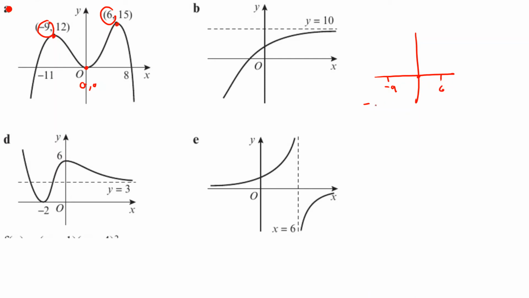So the curve is going to go through -9, coming like that. Okay, go through this point, and then go through this point. So it goes through the minimum points and the maximum points. Okay, let's do that again so you understand.